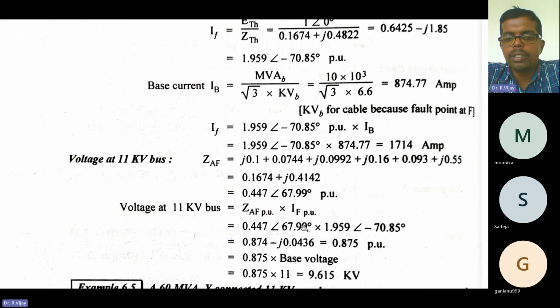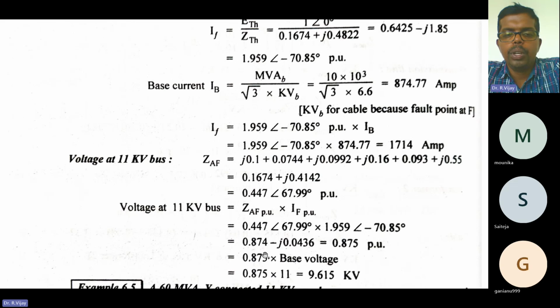Substitute that, take your scientific calculator, and calculate. You will get the answer as 0.874 minus j into 0.0436. That is nearly equal to 0.875 per unit, because the imaginary part is only minus 0.047. So merely it is 0.875 per unit.